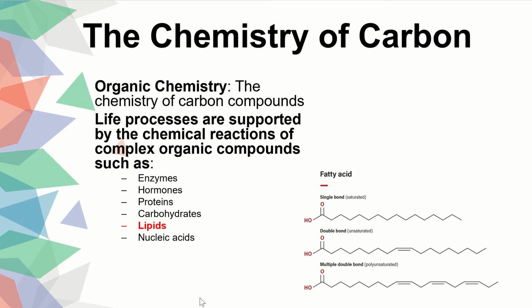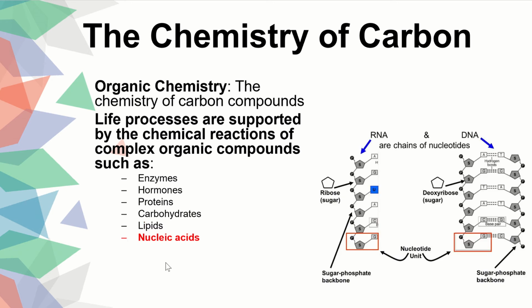And then also our lipids or fatty acids. These are long chained. This is a saturated fatty acid with a carboxylic acid at the end here. And then we have a variety of lipids. So clearly, again, another organic compound found in nature.